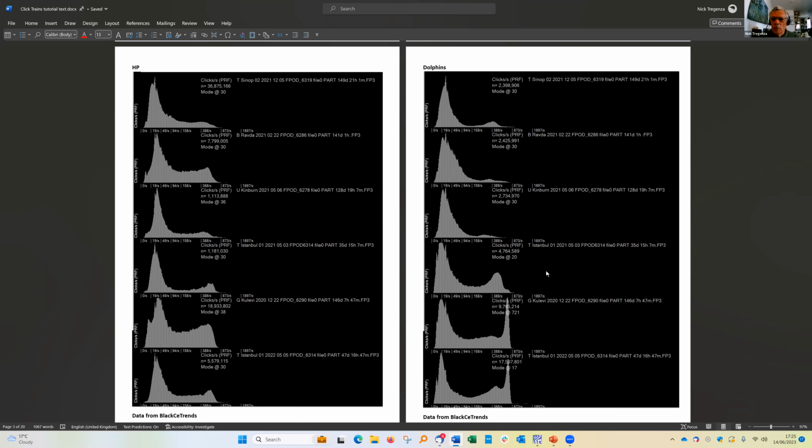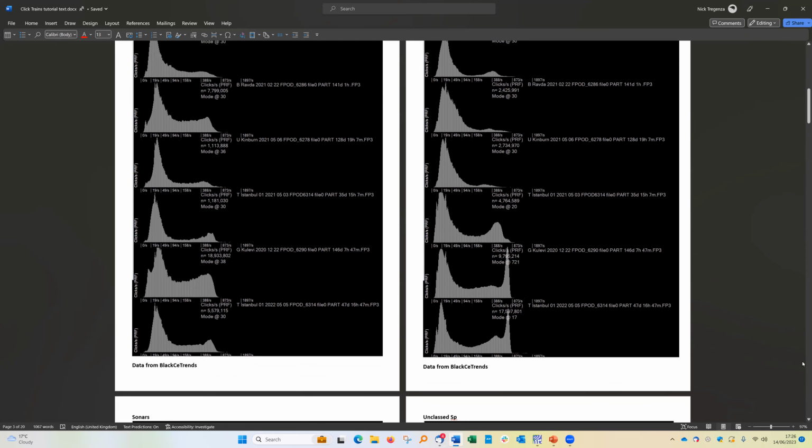Yes, you're absolutely right. If we look at the dates, that's December, February, May. Yeah, May, December, May. So I wasn't trying to do an exact comparison, more just to show that you do get a range across sites and seasons. Yeah. Okay, thank you.